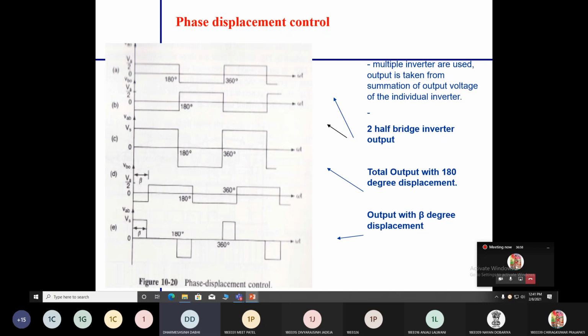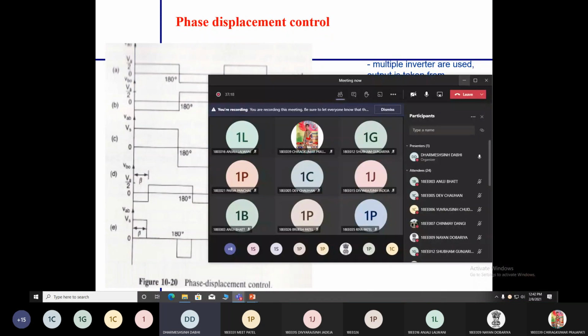All of you clear this one? Is there any doubt? Anyone? Is there any doubt in all these 5 different PWM techniques? Yes or no? Please give the answer. Chinmay, 7 number. Do you understand all these PWM techniques?